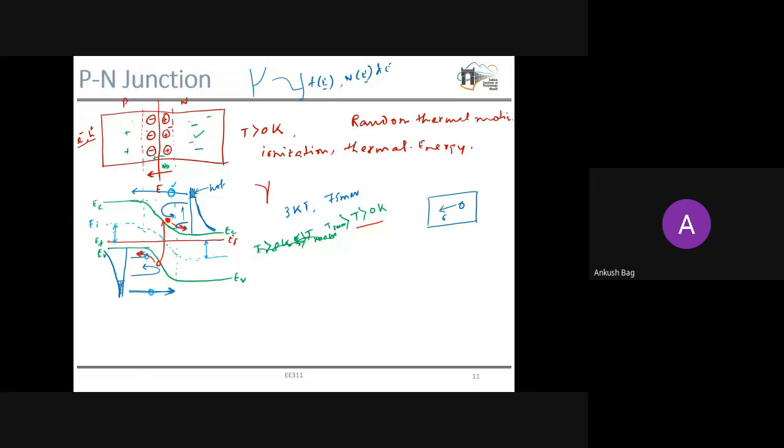As we know, the higher this energy, the higher the p-type concentration, and the higher this energy, the higher the n-type concentration or the electron concentration.